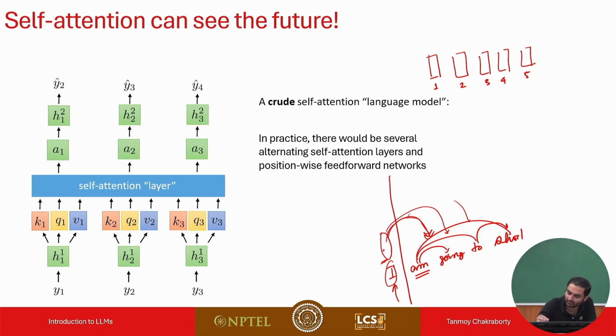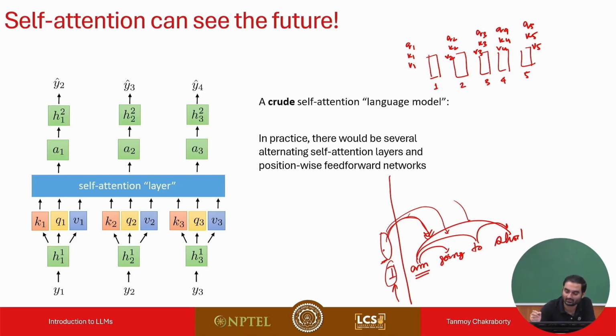Okay. So what we'll do, look at here. Let's say this is Q1, K1, V1, Q2, K2, V2, Q3, K3, V3, Q4, K4, V4, Q5, K5, V5. These are query, key and value vectors obtained from every decoder state.